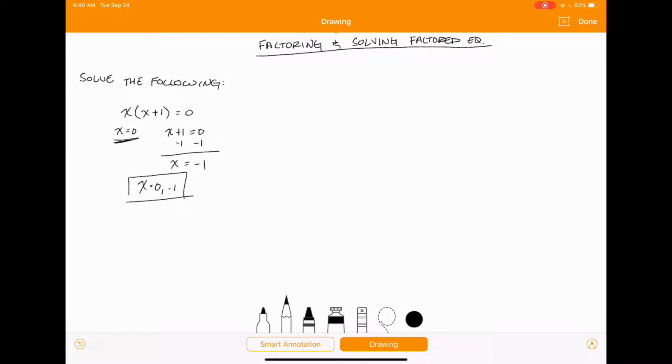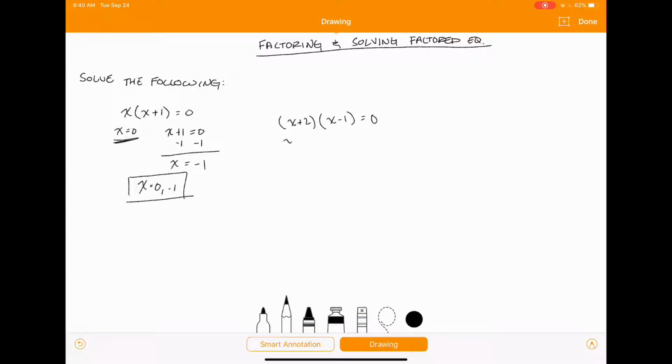All right. Now, if we had an example like the product of two binomials, for example, let's do x plus 2 times the binomial x minus 1, and that's equal to 0. Again, you're just going to set each individual part equal to 0.